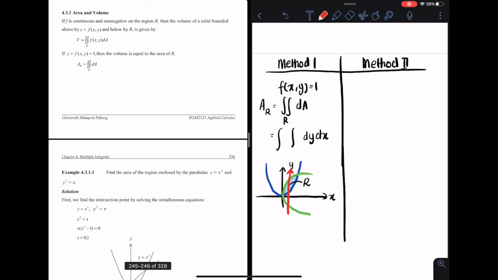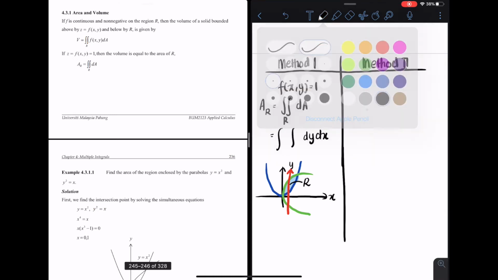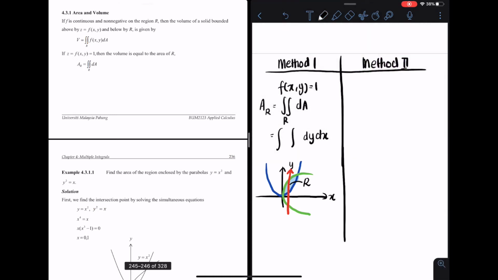Right now I have to know that the blue curve is represented by y is equal to x squared, and the green parabola or green curve is represented by x is equal to y squared. Therefore, according to this red arrow, it will touch the blue curve first, and the blue curve is represented by the equation y is equal to x squared.